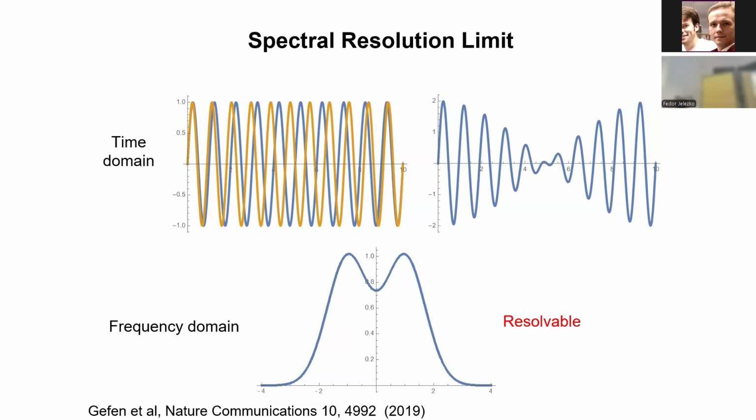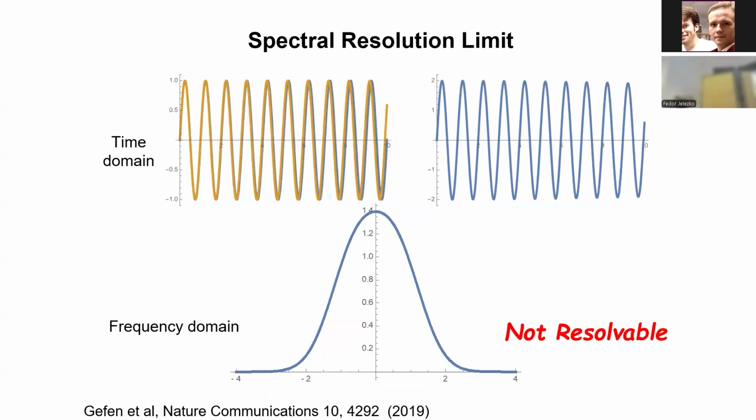But if the coherence time of the signal is shorter than the frequency separation, then you cannot resolve 2 frequency components, and they are merging into 1 maximum, and you can show in theory that the information content of this spectrum in terms of the ability to resolve components goes very quickly to 0.